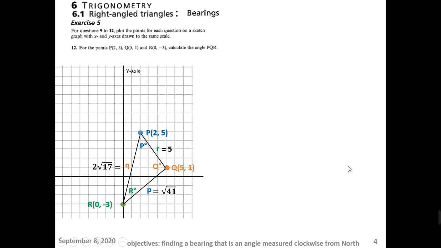Now this triangle is ready to apply the sine or the cosine rule on it. I'm going to start with the cosine rule.